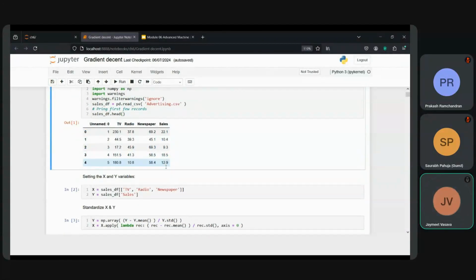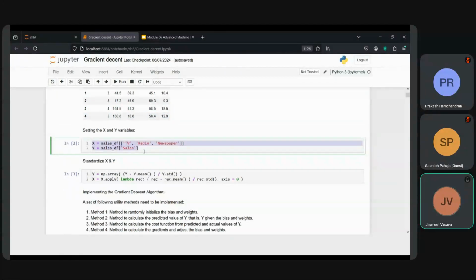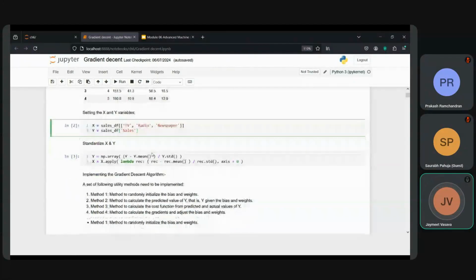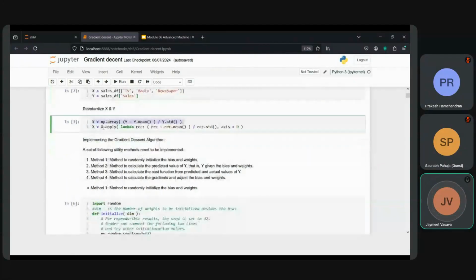Then the x and y variables are assigned for the column values. Then we standardize these values for x and y both, and for x we are using it for the column operations.